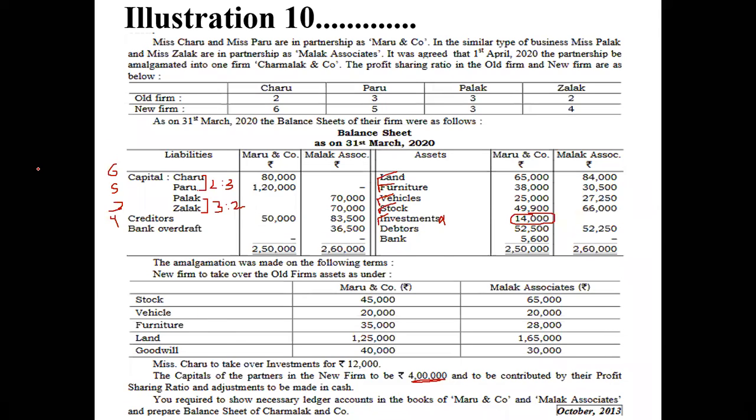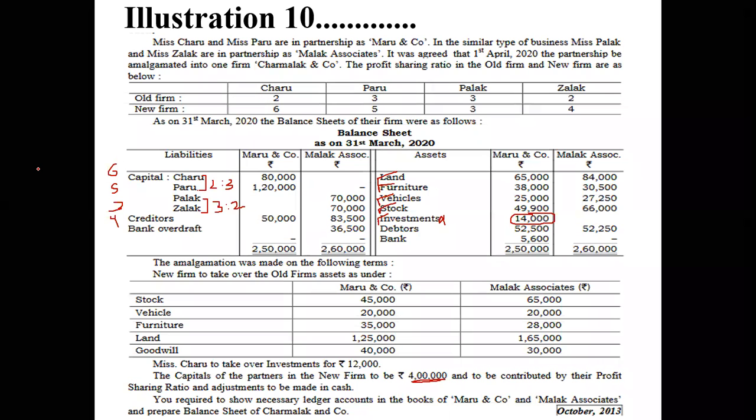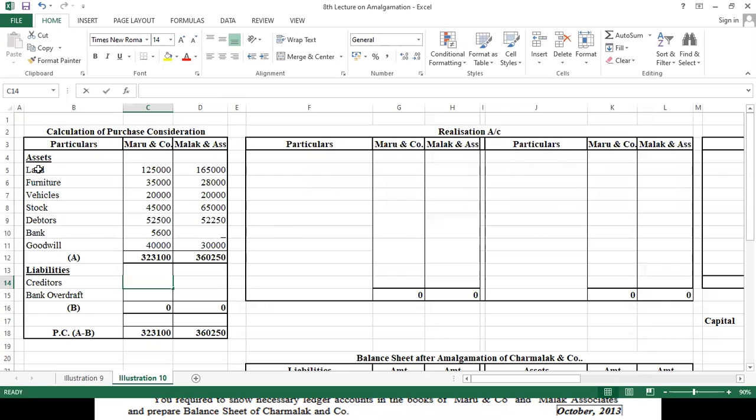Goodwill with both companies is 40,000 and 30,000 respectively. Creditors we have to take at book value, 50,000 and 83,500. Here there will not be any bank overdraft; here it is 36,500.